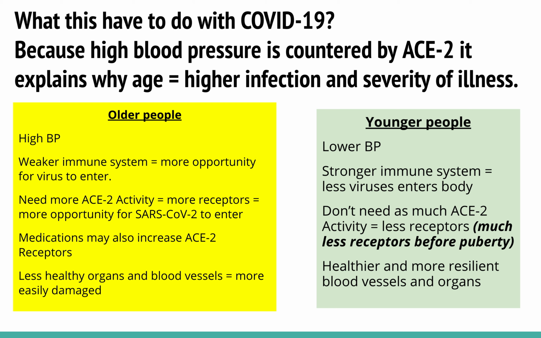At some point in your teen years after puberty, you start to really express a lot of ACE2 receptors. So actually, by the time you're a teen, your infection rate is pretty much very close to those that are in their 20s, younger adults. But very young kids have very low amount of ACE2 receptors, though they can still get COVID, just not as easily as older people.